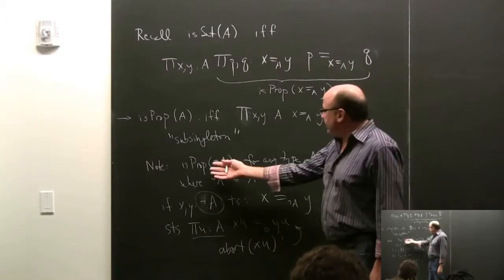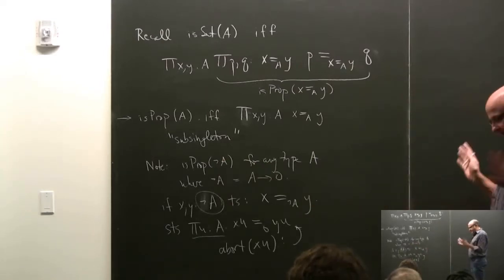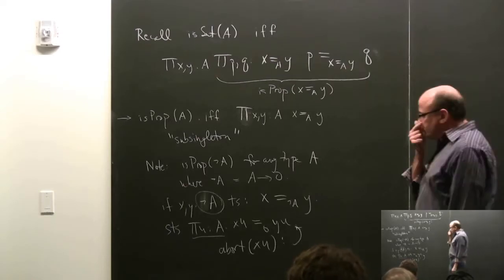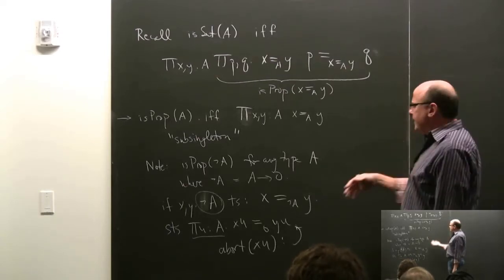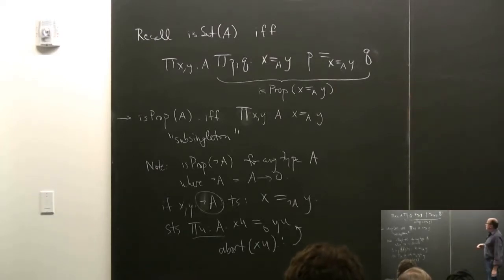And so the double negation says we can take a type and squish it so that it has at most one element, and turn it into a prop, and then we talked about the double negation translation and all that. Okay, so that was what we were talking about last time, so that's a brief recap.